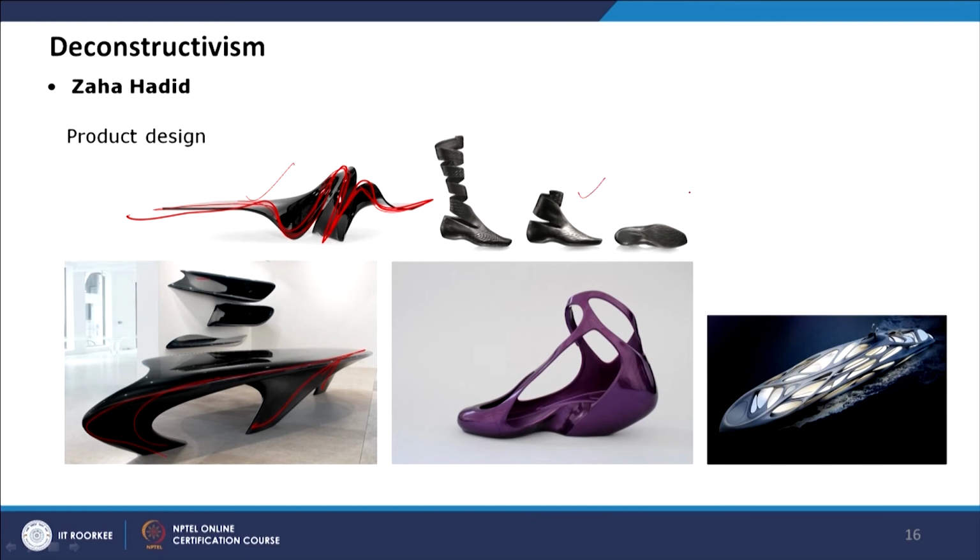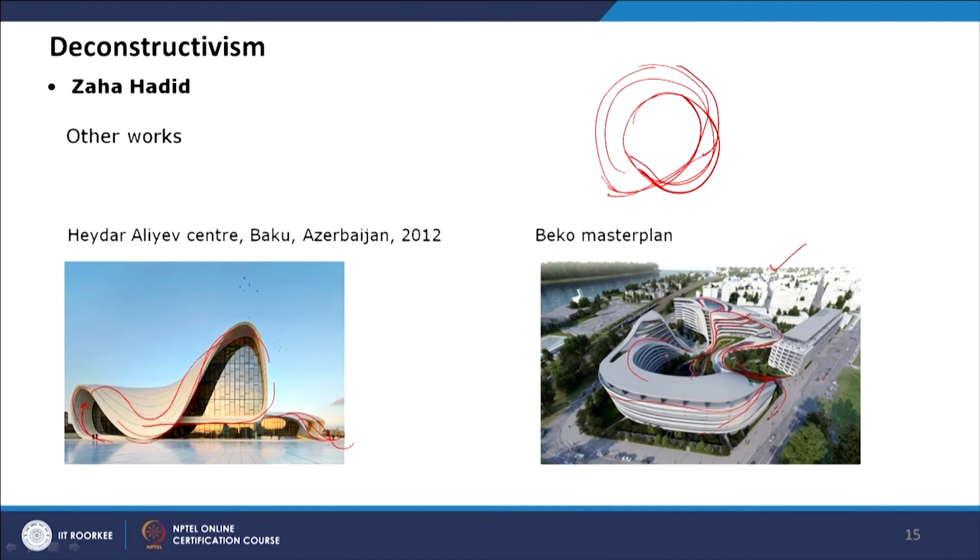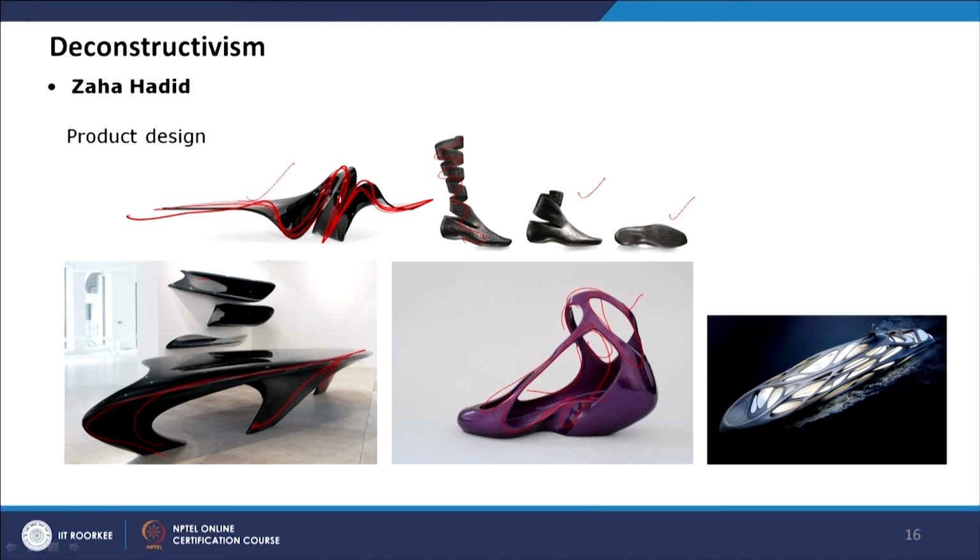Now these are the shoes designed by Zaha Hadid. You can see the shoes for girls have the same kind of continuous strips and voids which you can see in her architecture. The same visual style and visual qualities are maintained in the fashion design as well as the product design. This is a yacht, a conceptual design by Zaha Hadid.